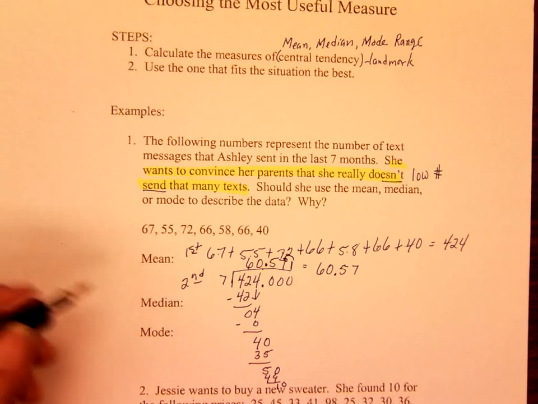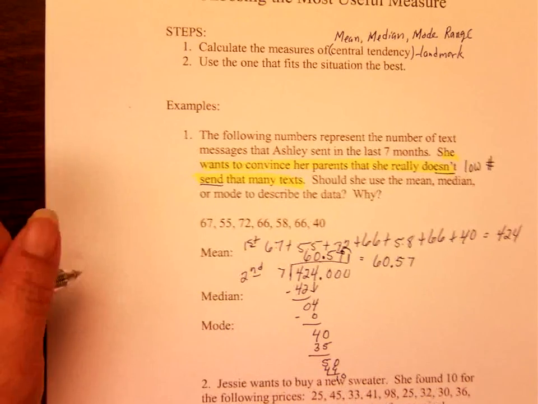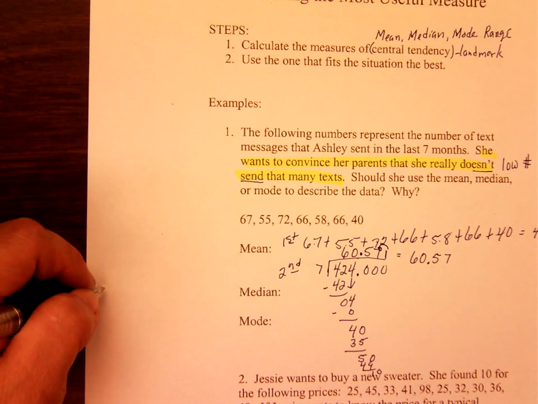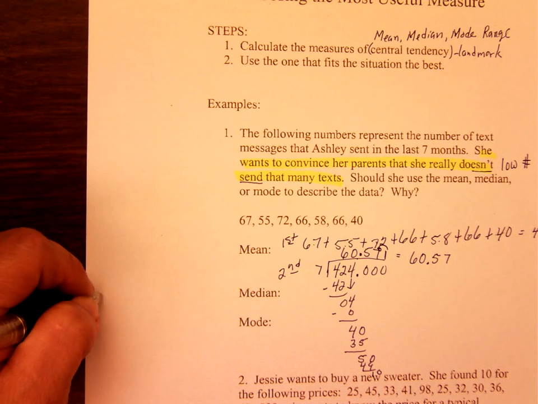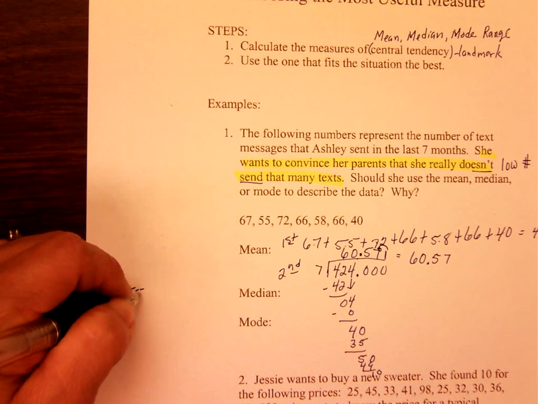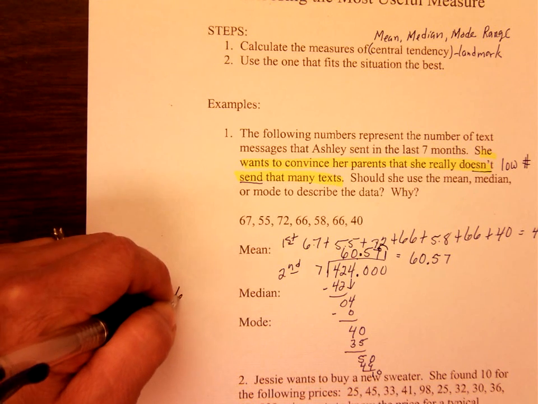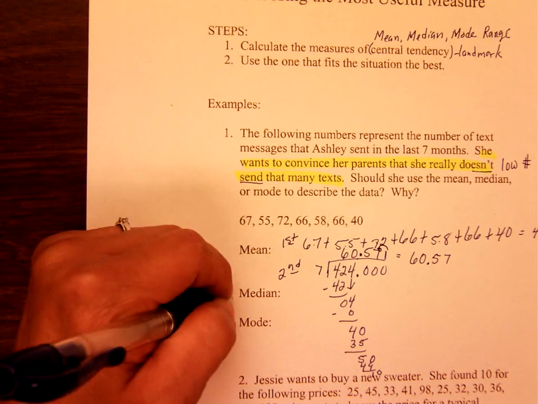Now, if you forgot how to do median, median is the middle number. So you have to write the numbers left to right from smallest to biggest, or minimum to maximum. So the smallest number is 40. Then you have 55, then you have 58, then you have 66 twice, then you have 67, and then 72.